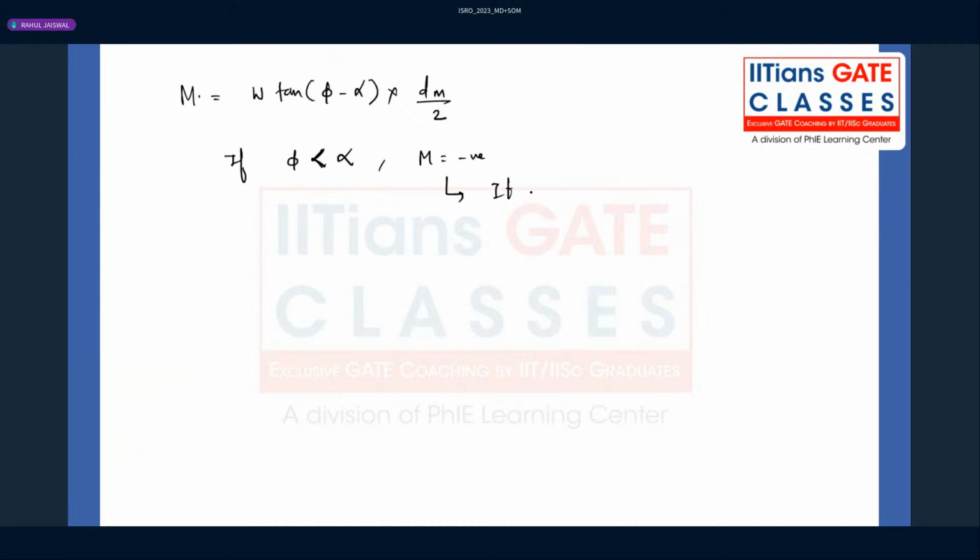It means no force is required to lower the load.